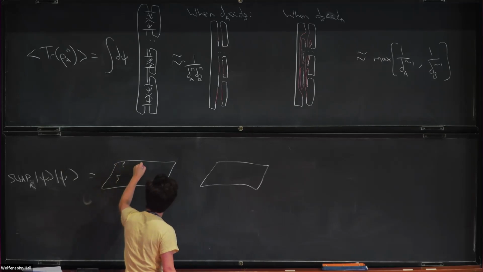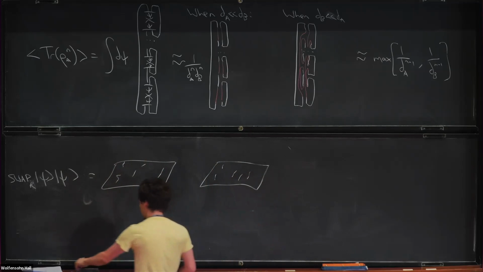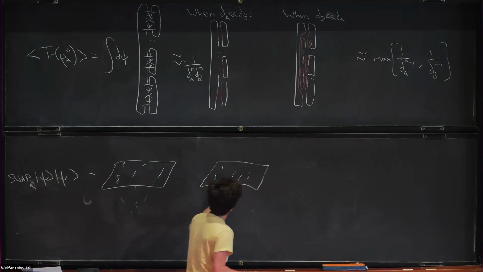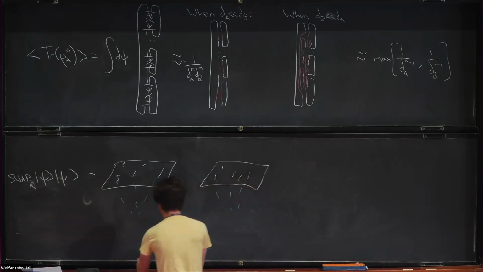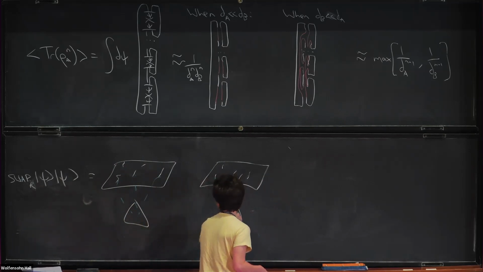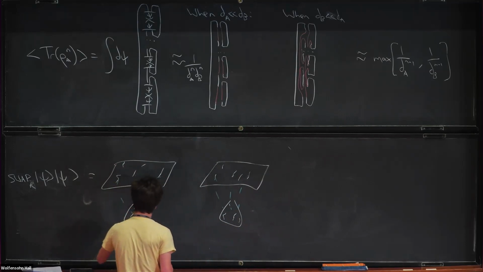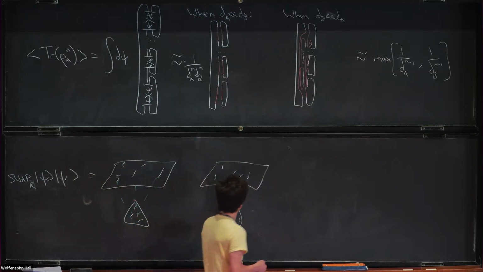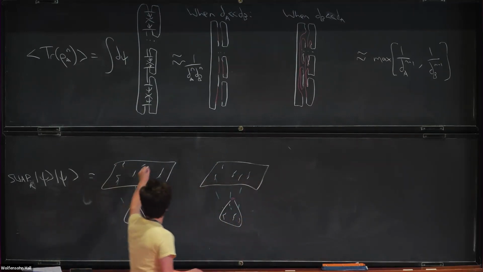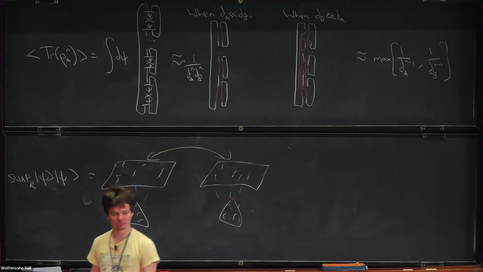We have a load of thermal radiation in each one, and each thing of thermal radiation is entangled with its own sort of relic black hole. It's now completely evaporated. Okay. So now we just take all this radiation here and swap it over with all this radiation here.